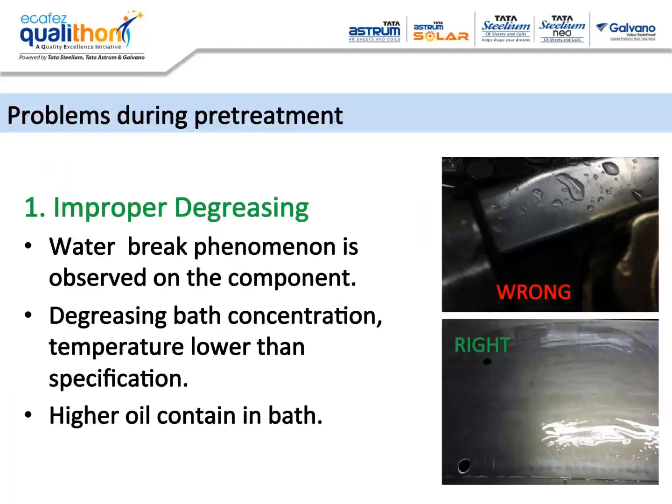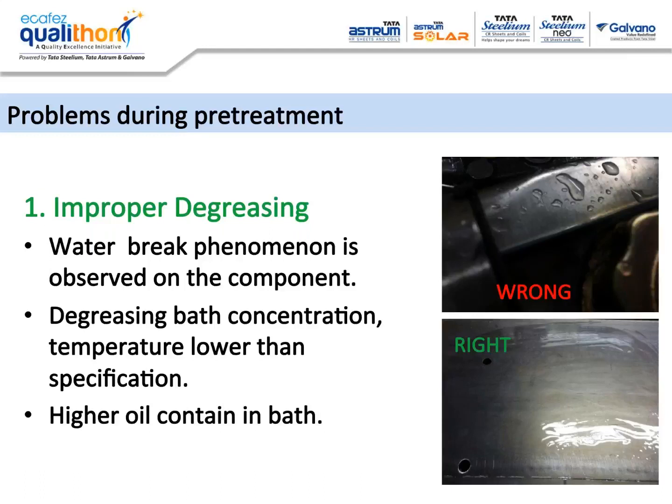Now, problems during pre-treatment, improper degreasing. I think a lot of people were asking about degreasing, and the water break phenomenon is observed on the component. After degreasing, when you put it in the water rinse and pull it out of the water rinse tank, you have to check visually. If it's a manually operated process, well and good. But you have to check that there is no water break happening.